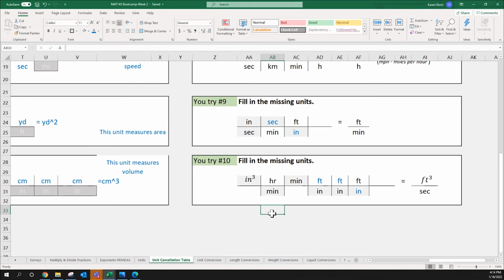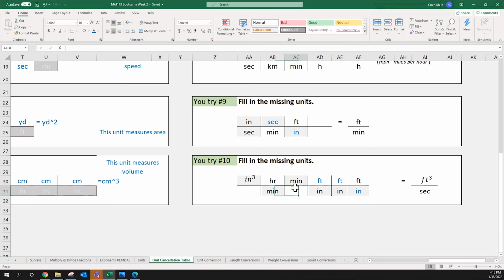So let's talk about the denominator. What's missing in the denominator? So we have an hour that needs to go, and we need to introduce seconds somewhere. So what are we missing in our denominator? Again, I think this is going to be one of those where we don't need this, so there's your hint right there. I'll just go ahead and remove that. So what's missing here and here?